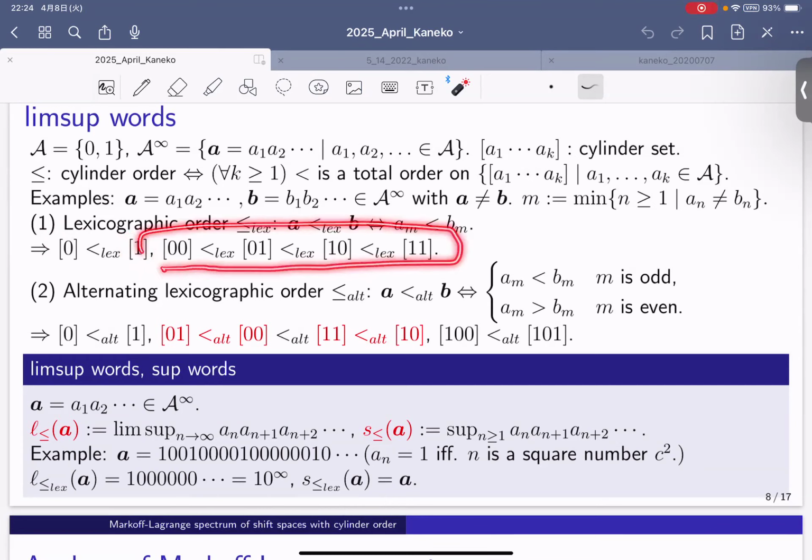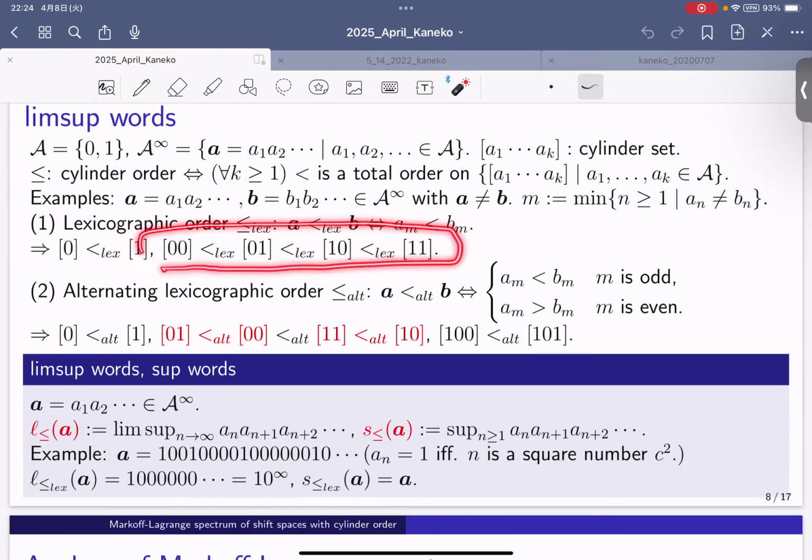The next one is the alternating lexicographical order, and we define this order by this. If M is odd, like M is 1, it's the usual order.